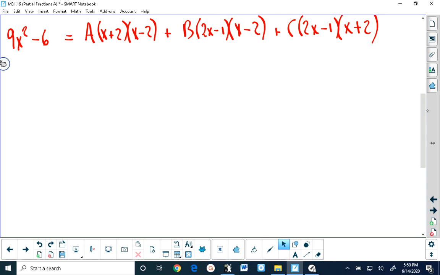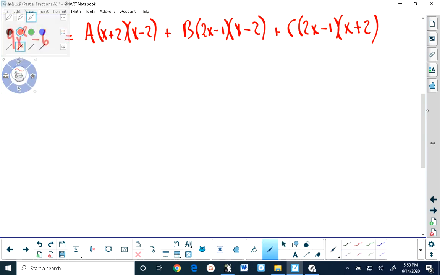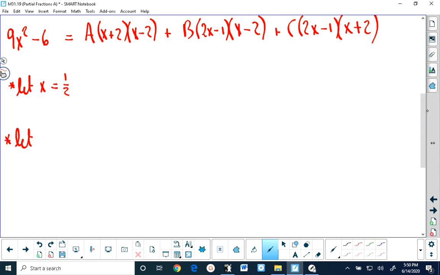So I am going to perform 3 substitutions here. One of the substitutions will be to let x equal 1/2. One of the substitutions will be to let x equal -2. And one of the substitutions will be to let x equal +2.